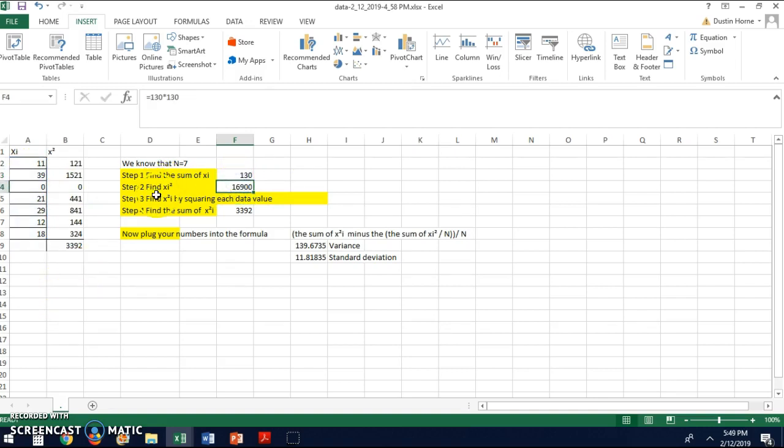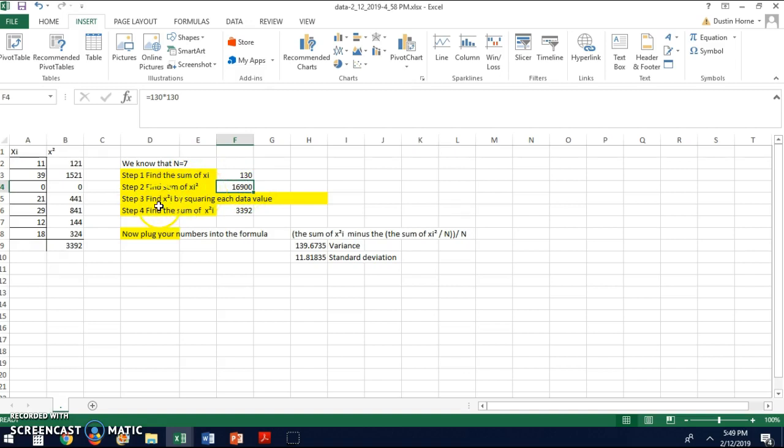Then the second step would be to find the sum of xi, squared. So you take the sum of xi, and then you would square it. So that would be 130 times 130, which would be 16,900. So we found the square of the sum of xi.